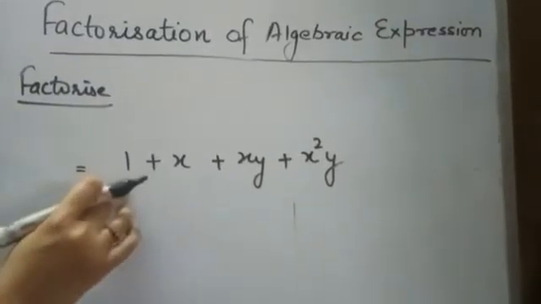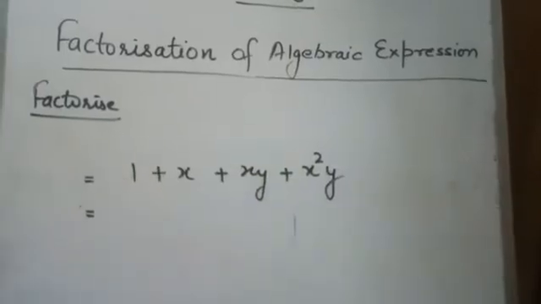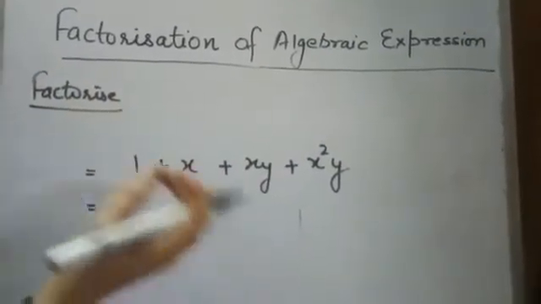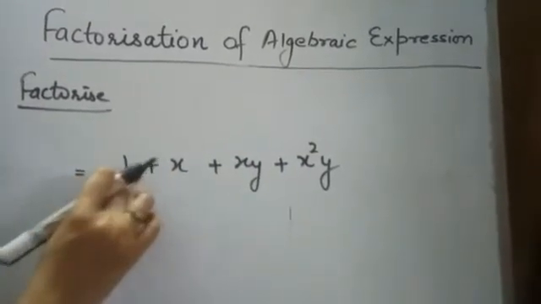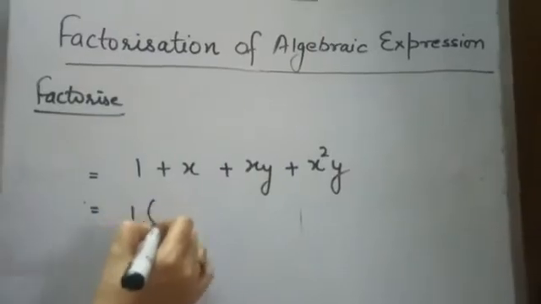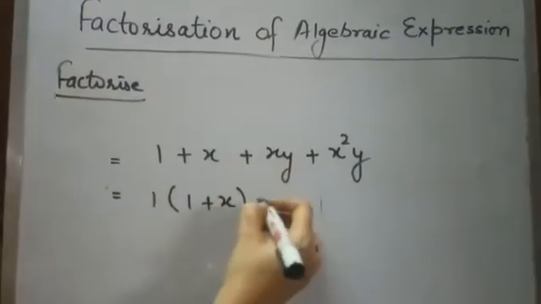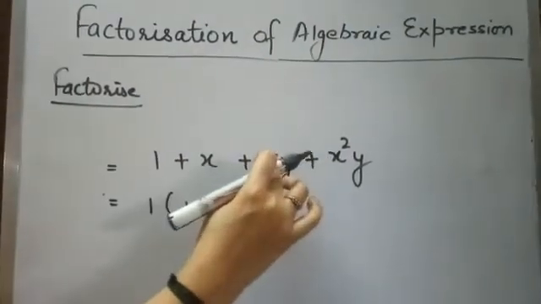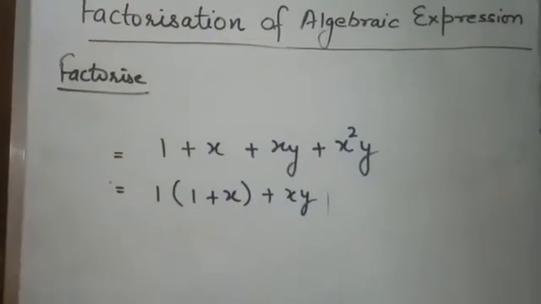Now the next question. Factorize 1 plus x plus xy plus x square y. Again we group the terms to take out the common factor. In the first two terms, the HCF of 1 and x is 1, so only 1 is common. Next, the HCF of xy and x square y is xy.